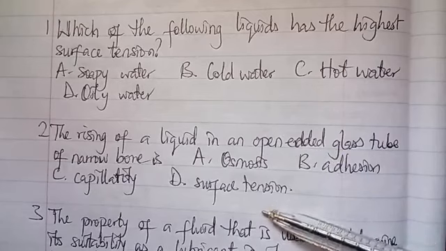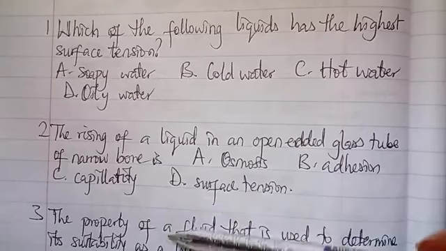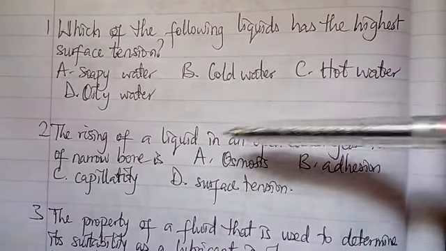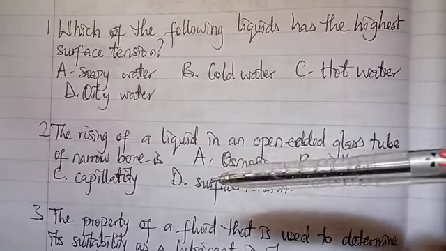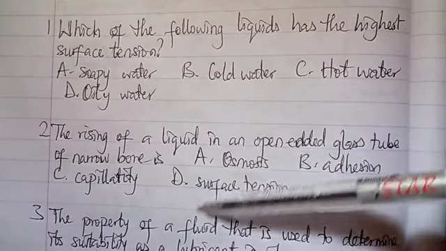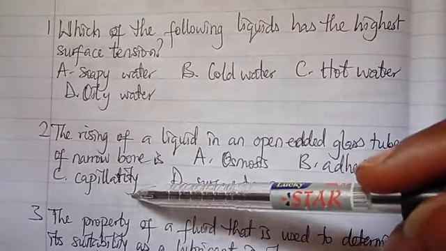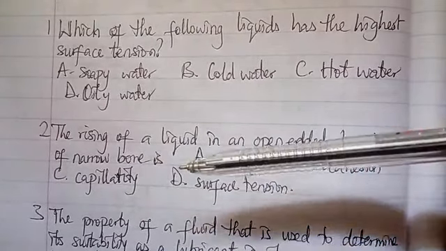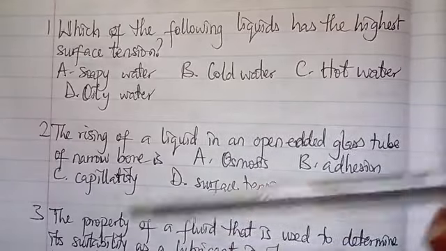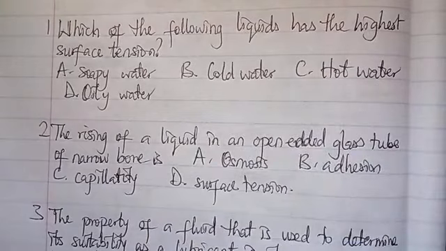Though surface tension, the force, also affects that rising, because when the liquid rises, it is the surface tension that holds it up there. It only rises as much as the surface tension can allow it to rise. But the reason why it rose is because of adhesive and cohesive forces, that interaction, that's the capillarity. So, capillarity.